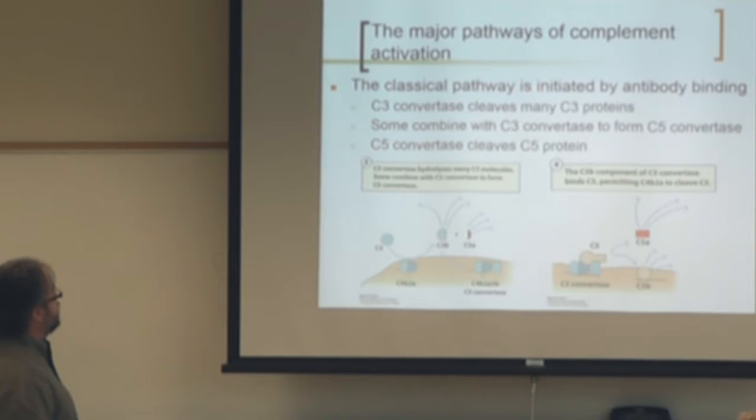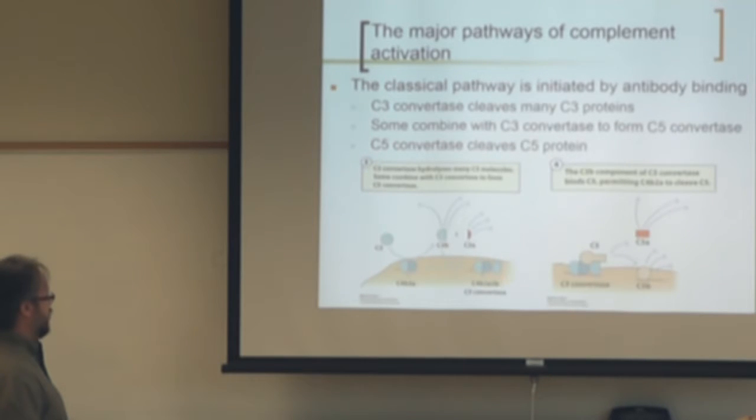So the classical pathway is initiated by this antibody binding, and the end result is this C3 convertase. Now C3 cleaves many C3 proteins, and this is where the amplification happens. C3 gets cleaved into C3b and C3a. C3b will also bind and become a convertase itself.